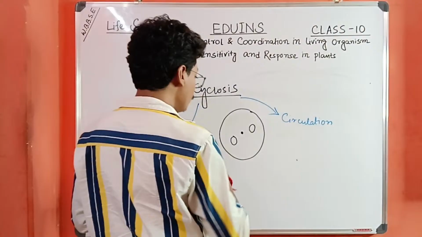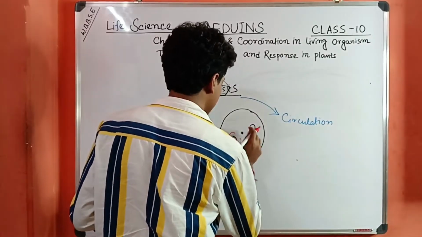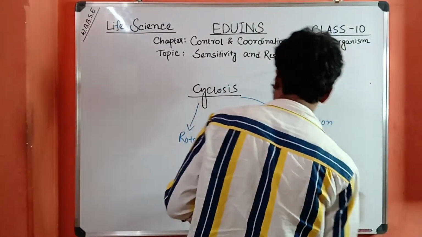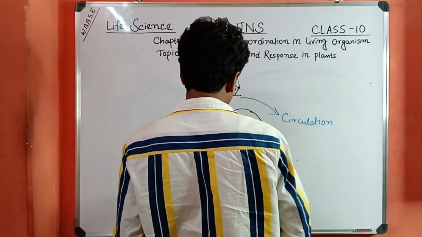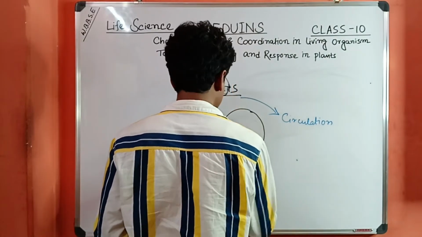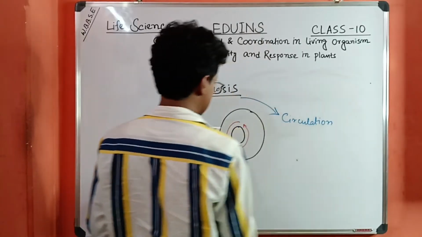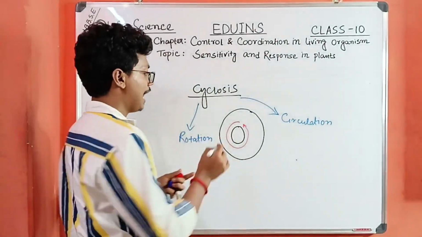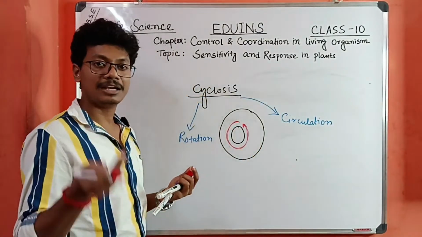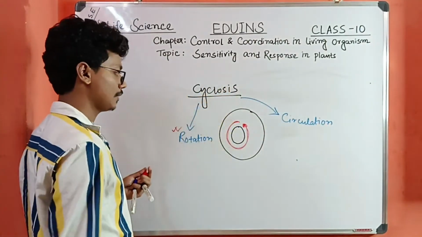Rotation is the movement of protoplasmic material around a single vacuole. This is the single central vacuole and the movement of the protoplasm around it. What is protoplasm? Cytoplasm plus nucleus. This is called rotation.